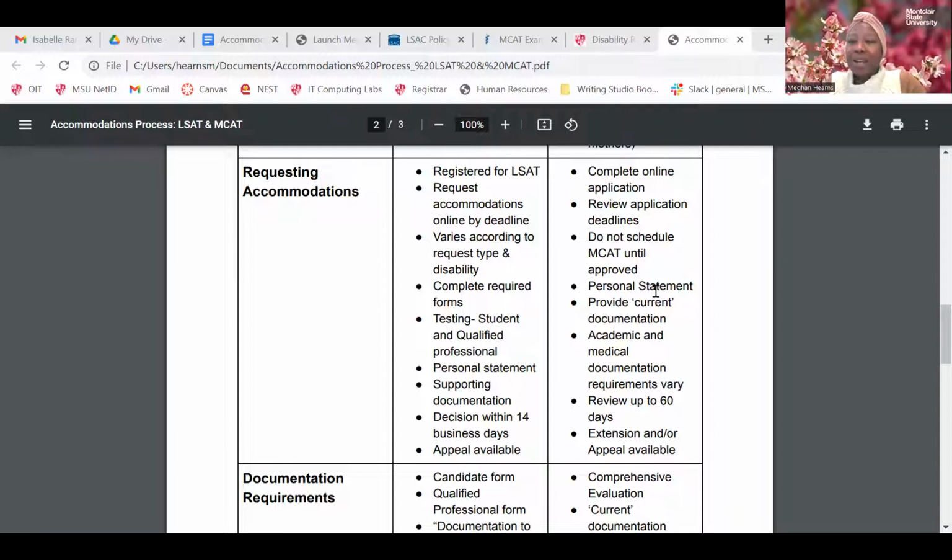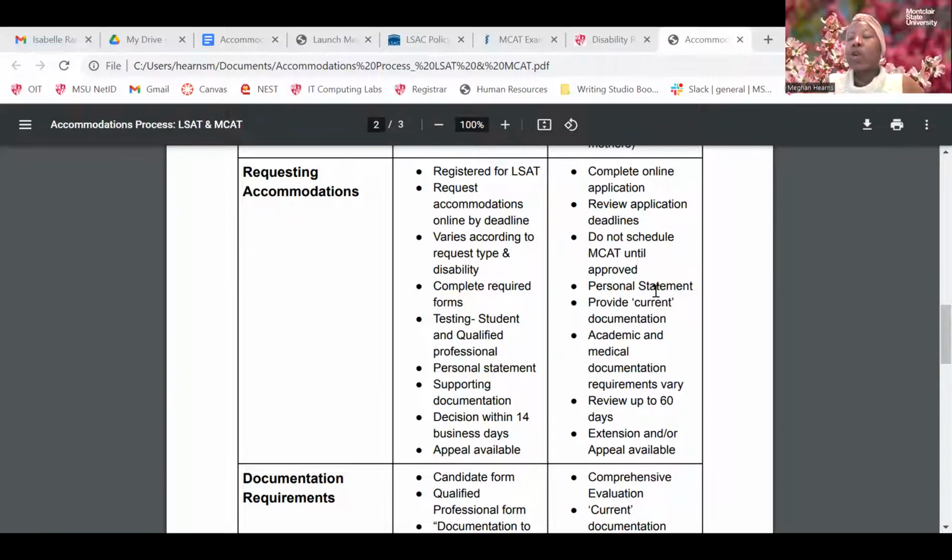The student form is going to ask you things like what accommodation you're requesting, your diagnosis, and a brief statement that explains the evaluation or your information regarding the impact of that diagnosis in your testing or in your academic environment.